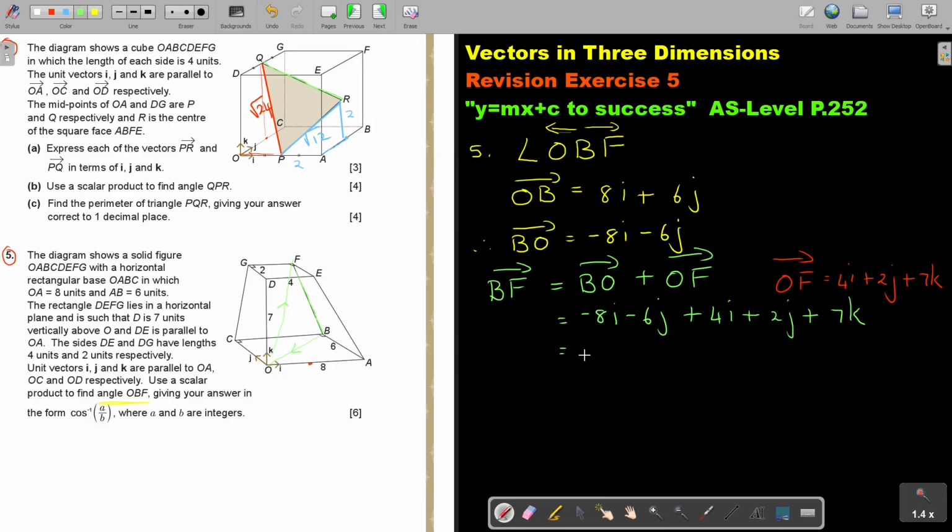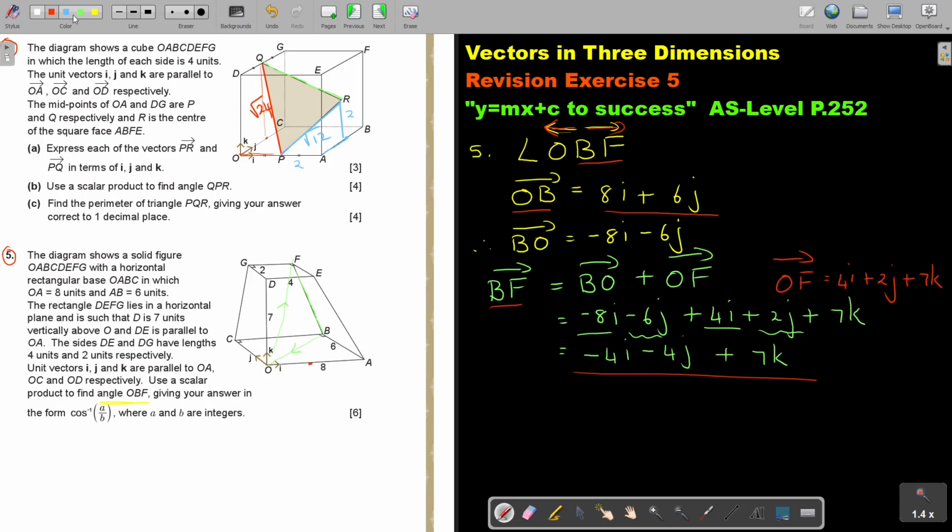So it's negative 4I minus 4J plus 7K. Okay, so what do I have now? If I want that angle, there's OB, and I want BF, there is BF. And now I can start with the angle.